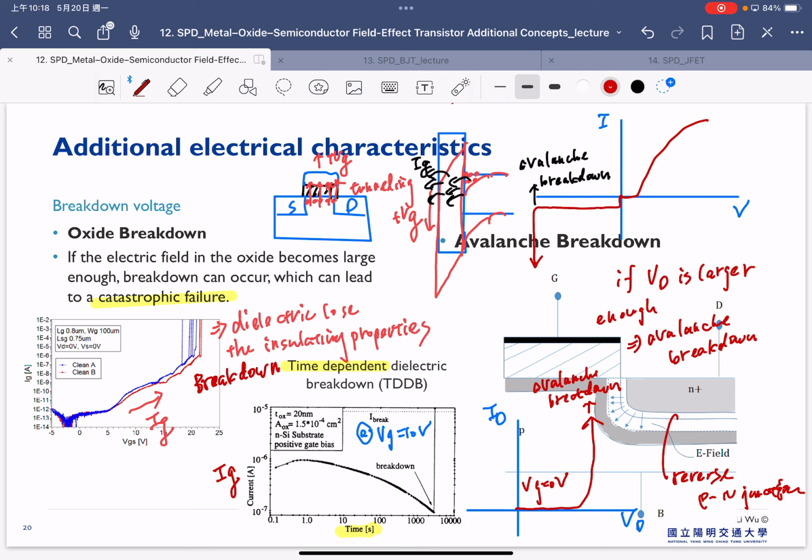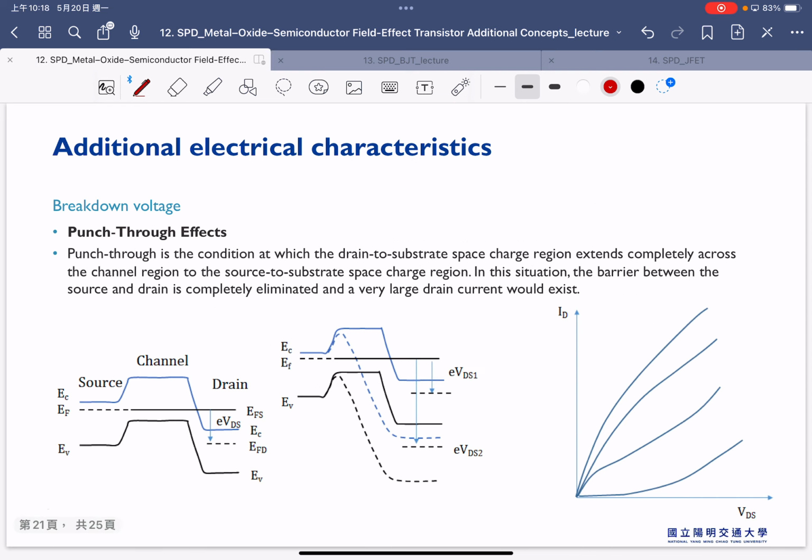So basically, once you understand the PN junction, lots of things in the MOSFET can be easily understood as well. And another phenomenon we will consider is called the punch-through effect here. The punch-through effect mainly happens in short channel devices.